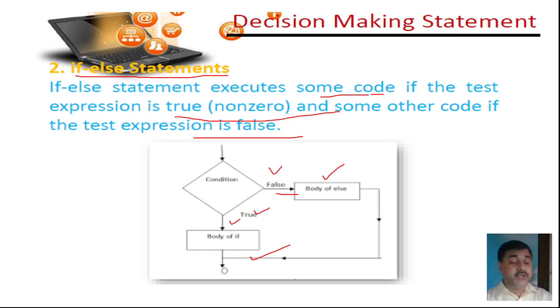For any of the sections, we will have some particular special pattern of work, and those special patterns of work will execute and be implemented in a program. That means if it is true, then it will go for the true part and work on it.